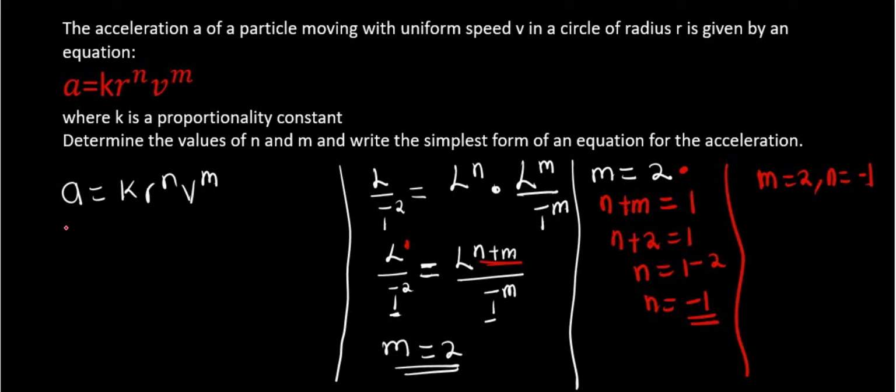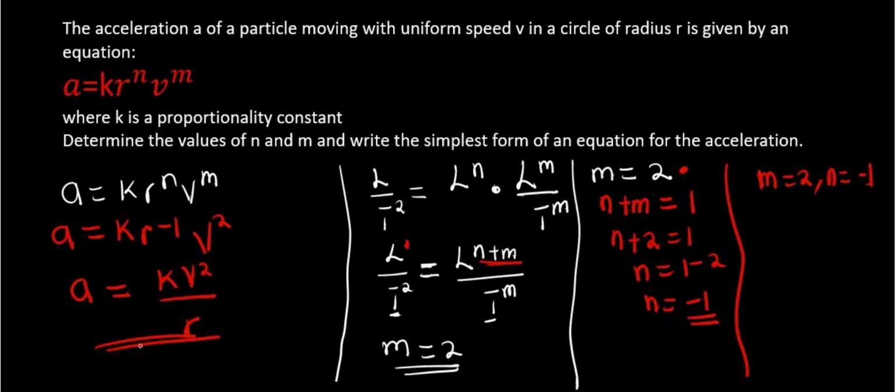You say a equals k r to the power n, and n is negative 1, then v to the power m, and m is 2. So a is equal to, with r as an inverse, k v squared over r. That is the simplest form of the equation.